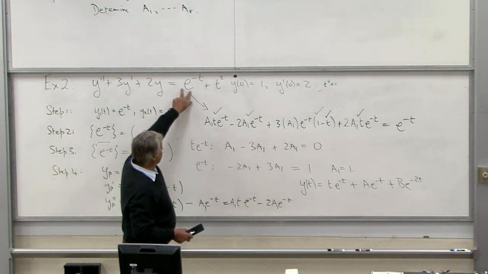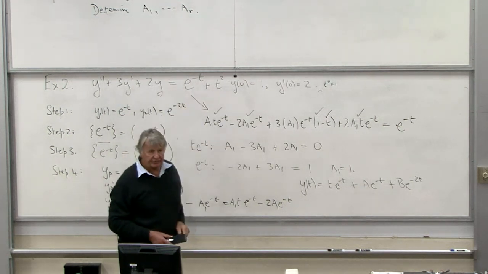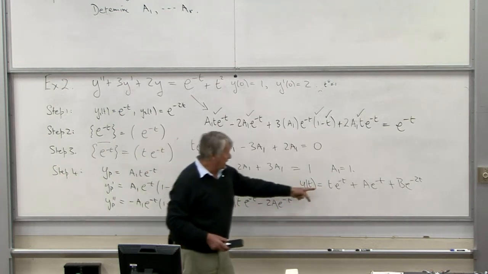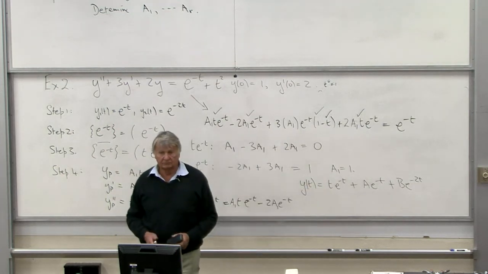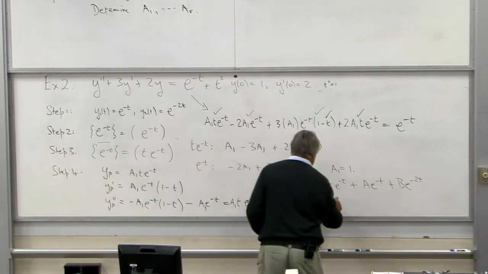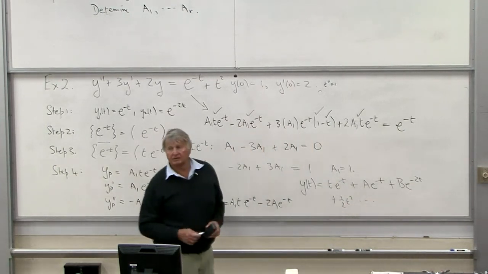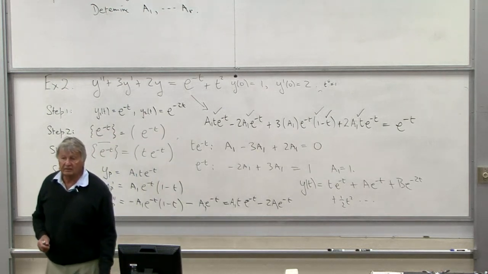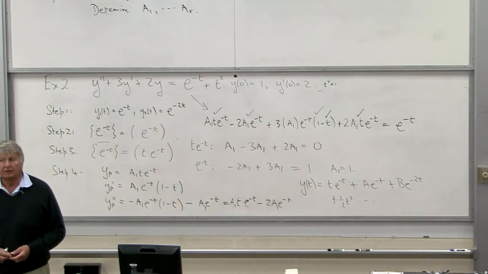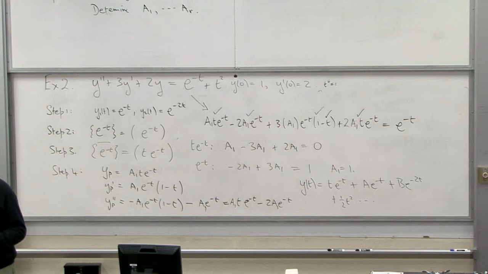So get the particular solution for this and the particular solution for this, and just add them at the end. So what was the particular solution? It was a half t squared and so on for the t squared on the right-hand side. So you do them separately and just add the particular solutions.